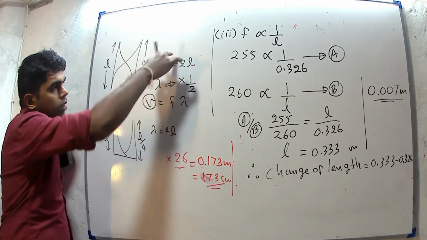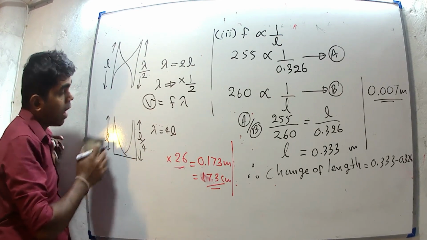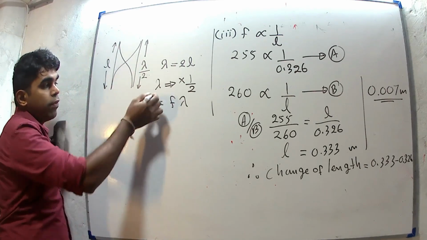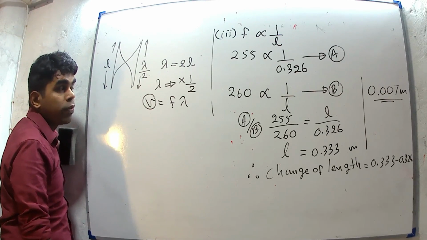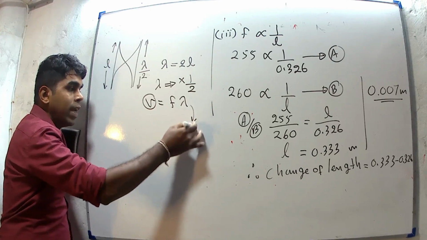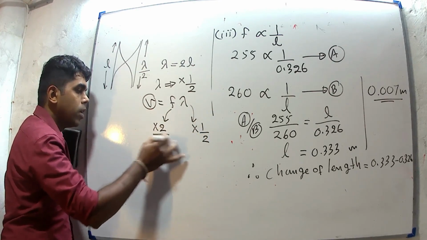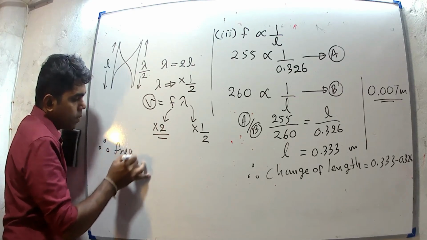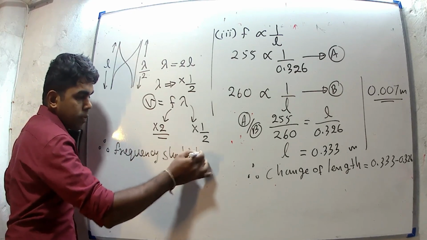Then, according to this diagram, lambda equals 2L. Lambda becomes half of the initial wavelength. The velocity of the sound wave in air is a constant. When lambda becomes half, the frequency should be 2 times. Therefore, the frequency should be doubled.